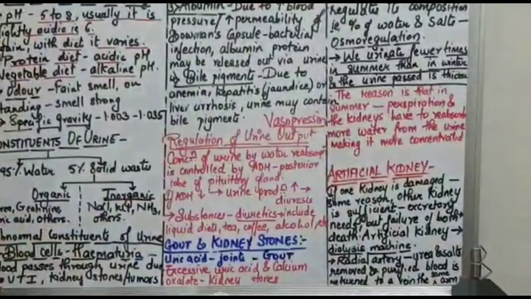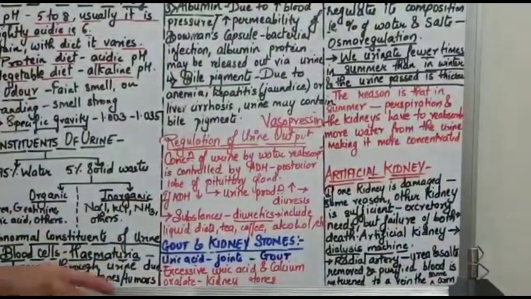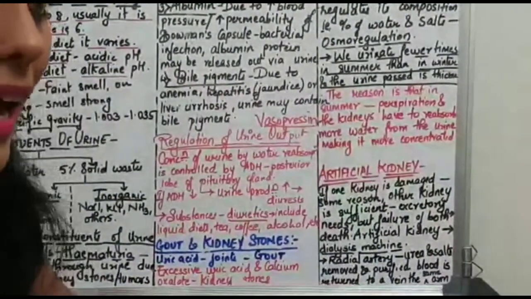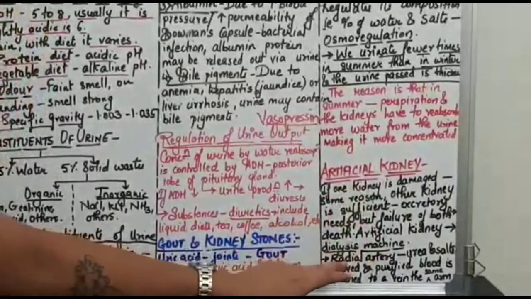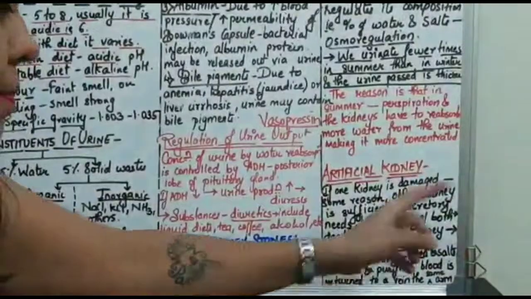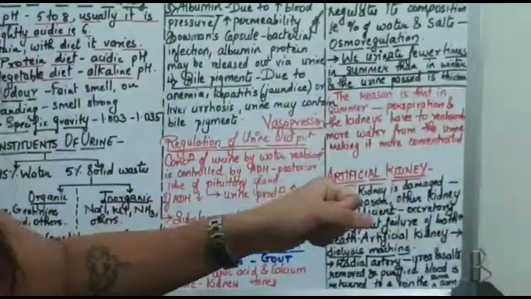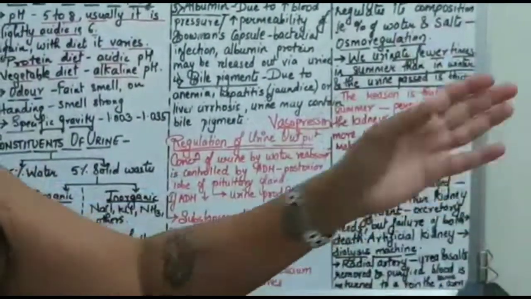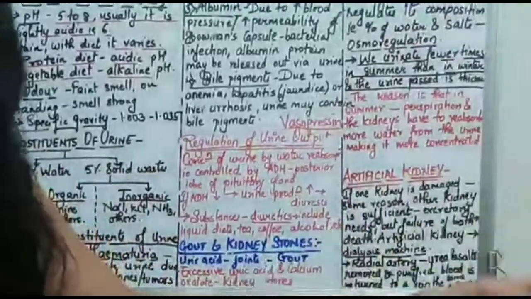As in, what is being done? The person is taken for dialysis. Through the radial artery, the blood is being taken out, and from that blood the urea is removed by a dialysis machine.